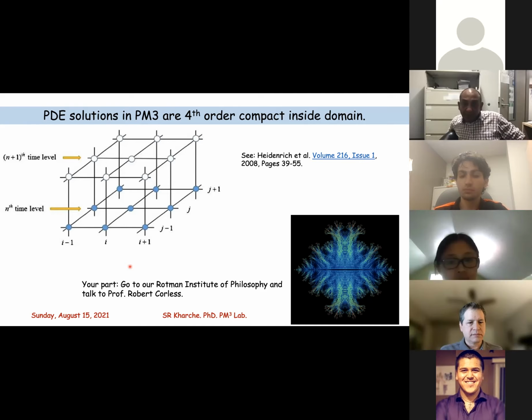And so Rob Corless is in the Rotman Institute of Physiology on campus. The purpose of showing this Bohemian matrix is that Bohemian matrices are the ones used to efficiently solve your sparse matrices. Okay, so this is what Rob Corless may or may not have been doing in the last few years.